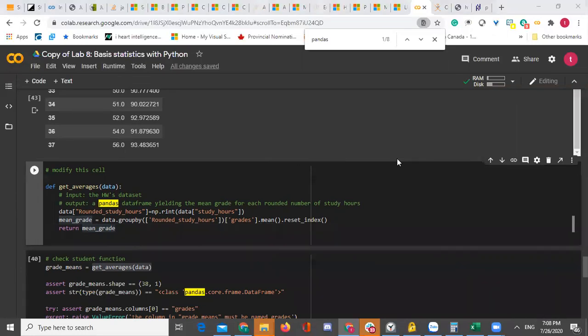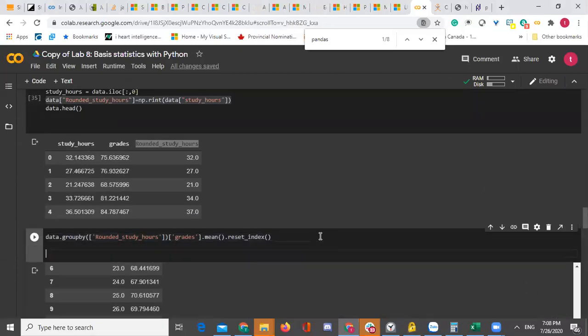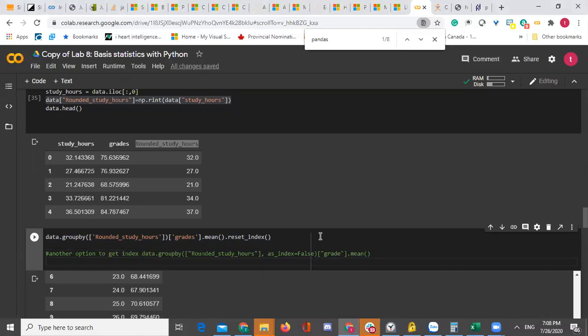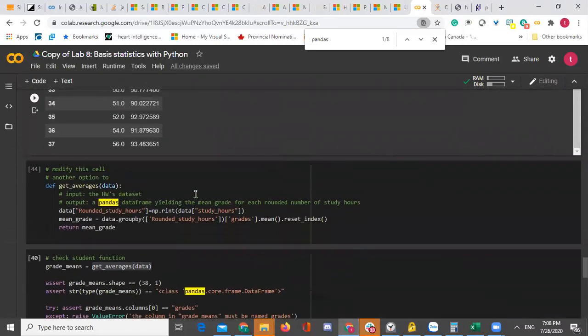Okay. As index. Okay, I see. I'll click here. That's a very useful lesson. I just learned about this today. Thank you. It's really helpful.